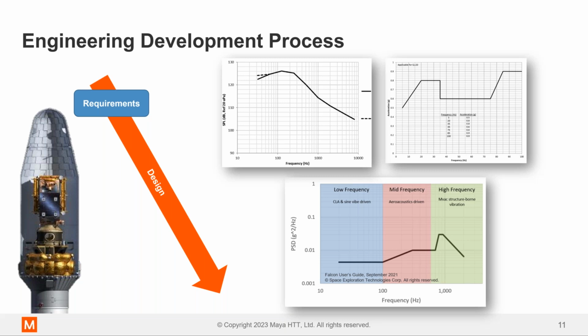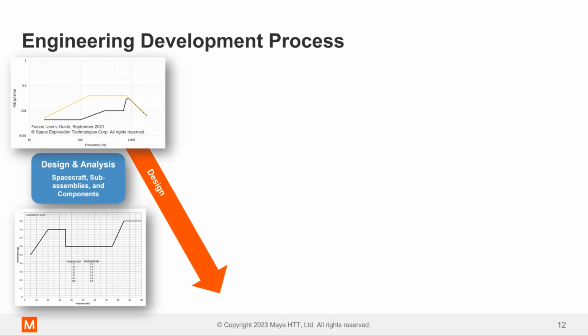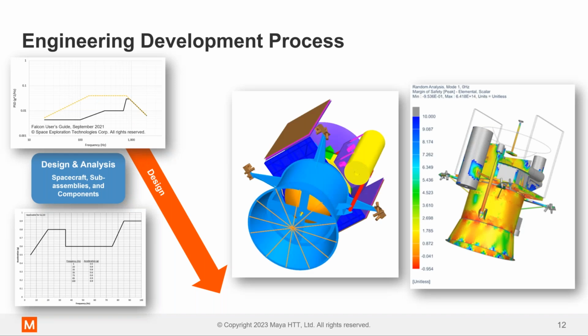These are known curves. They've enveloped the response from the rocket, from the launch, and you are designing your part to these requirements. And then when you're doing the design and analysis, you take those same requirement curves and you're using those to analyze your model.